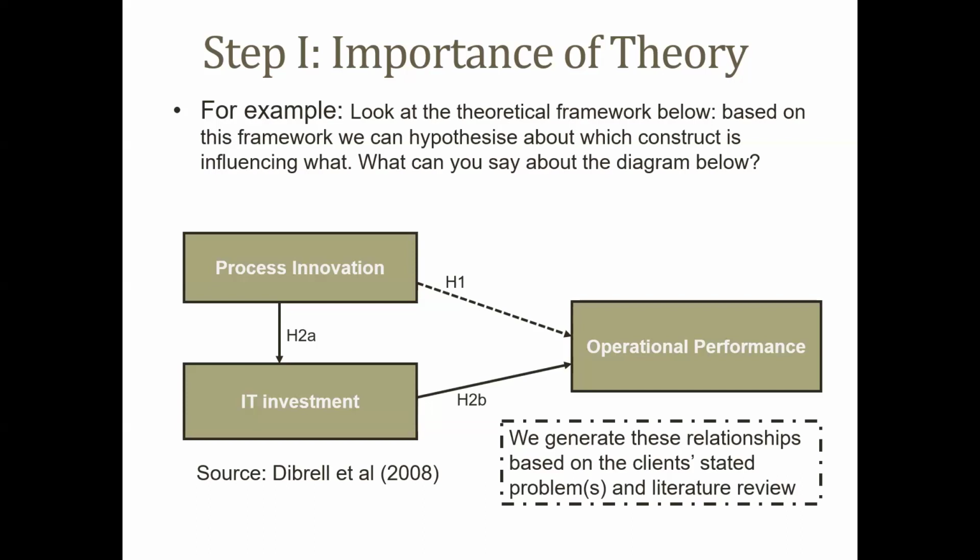Right from here, I'm able to deduce what the researcher intends to do or what his thinking is about. He is thinking that process innovation may have an influence on operational performance. However, that influence could be channeled through IT investment. So just a simple theory there. It tells a lot if you understand theory construction.